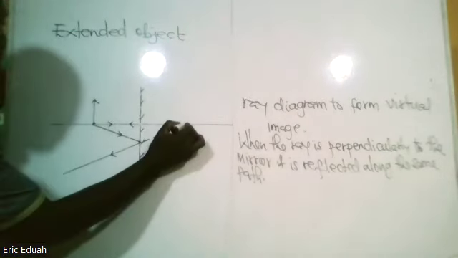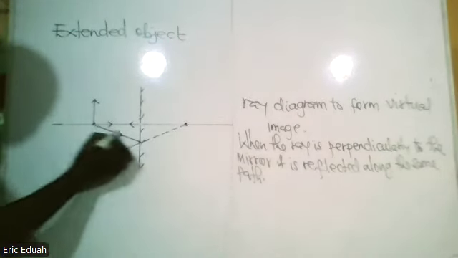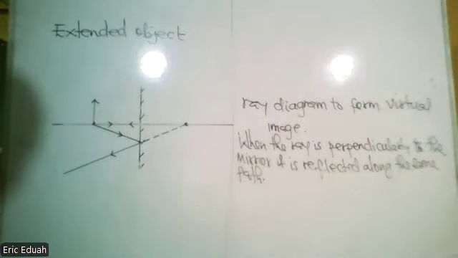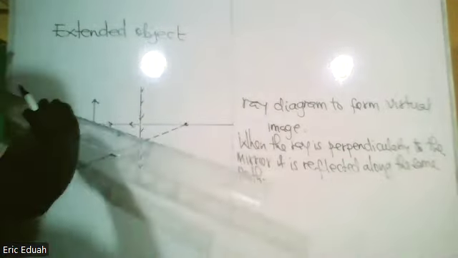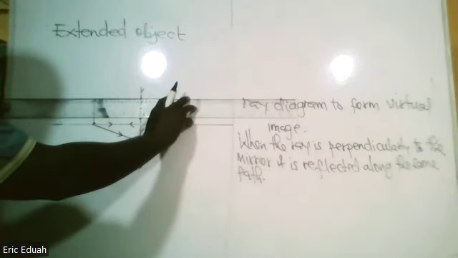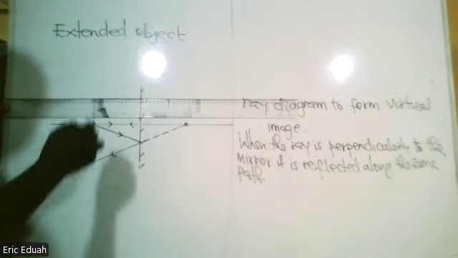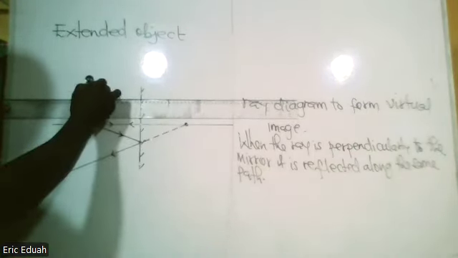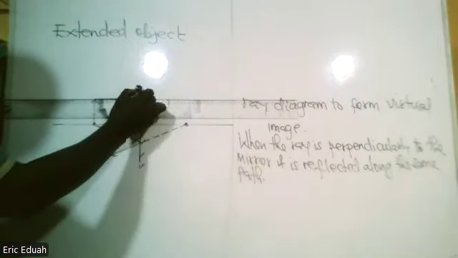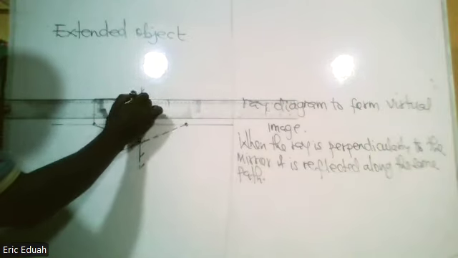So we have the position of the foot of the image. We are left with the head. Another rule, a ray hitting the mirror perpendicularly from the head would reflect along the same path.